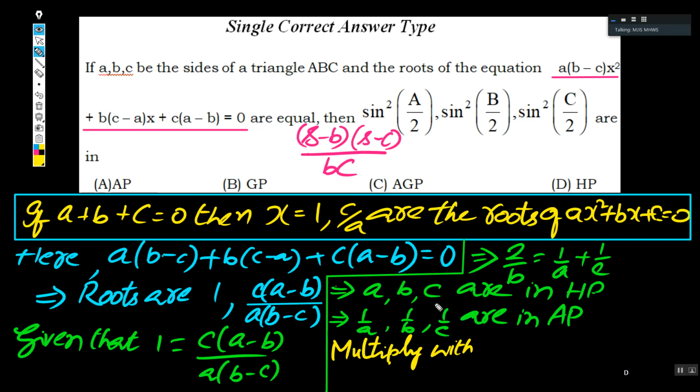s minus a, s minus b, s minus c. This is multiplied with minus and add s, please.